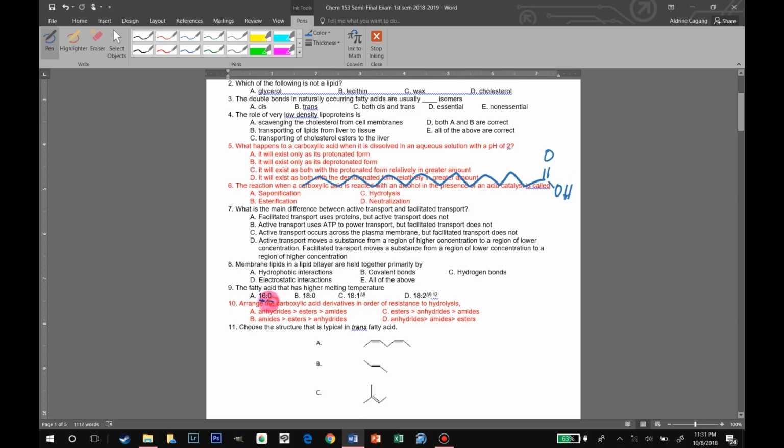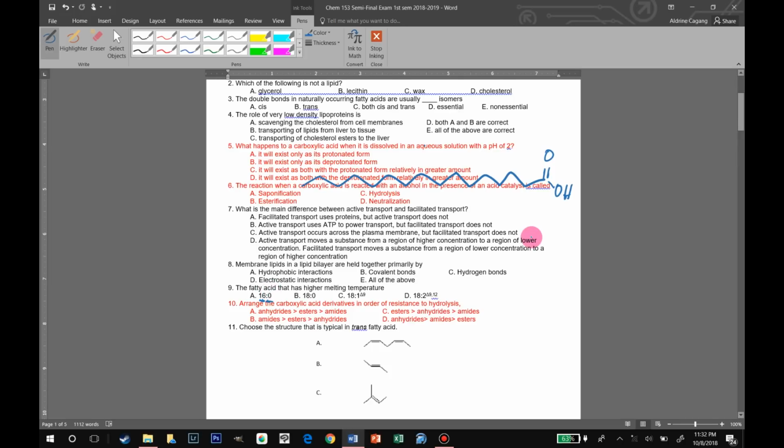And then the second number, you have 0. That's going to indicate the number of double bonds that are present within the structure. So 0 would mean that there are no double bonds within the structure described by letter A. Letter B has 18:0, so that's going to be a fatty acid with 18 carbon atoms and 0 double bonds.